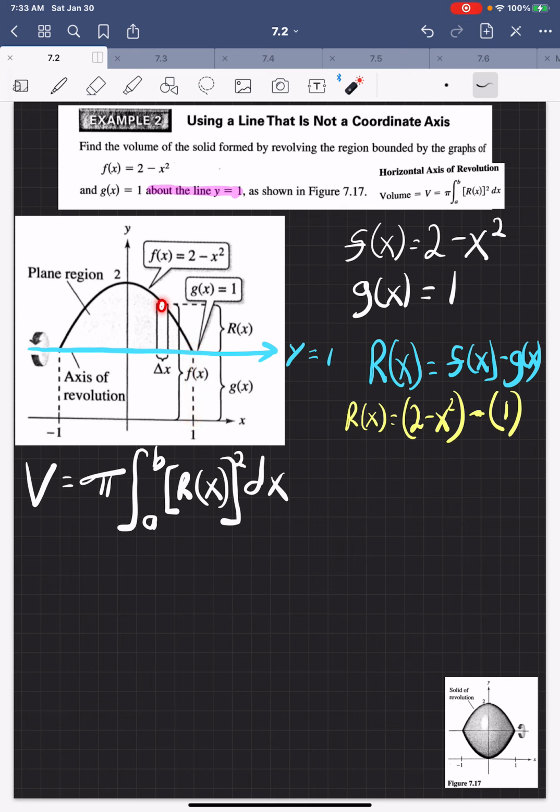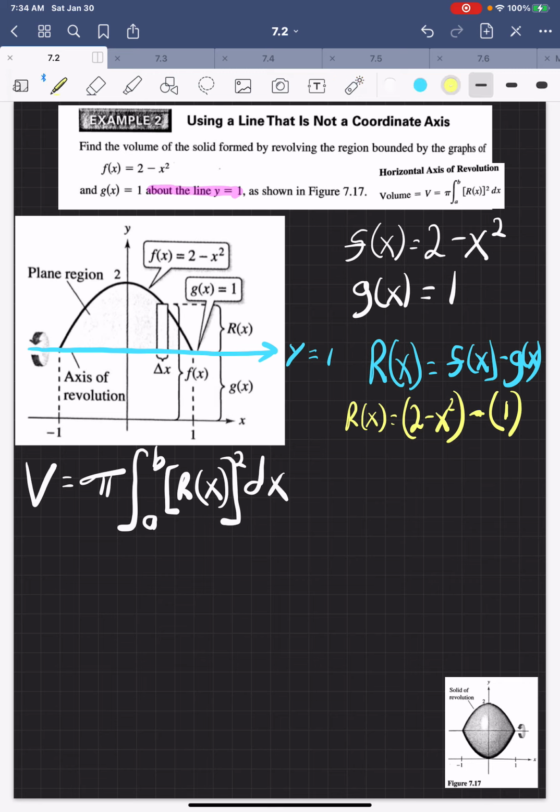Do you see how if you just subtract 1 from every point on this graph, you would literally be adjusting it so that it would be rotating about the x-axis? That's why you're subtracting 1. If this curve were below the x-axis, how would you get it back to starting position? You would have to add 1. That's the best I can do using informal language to help you out.